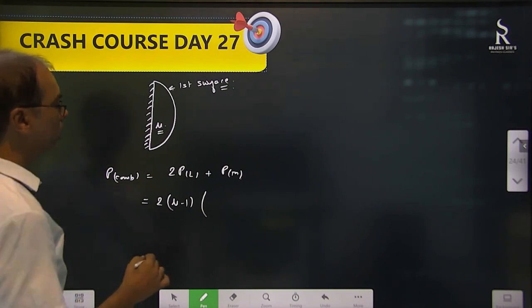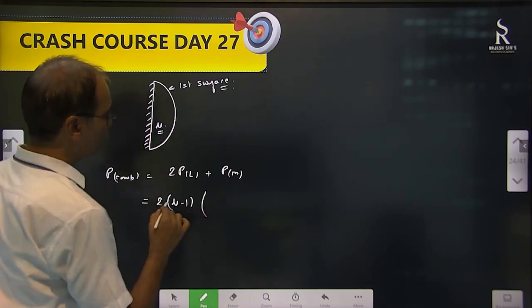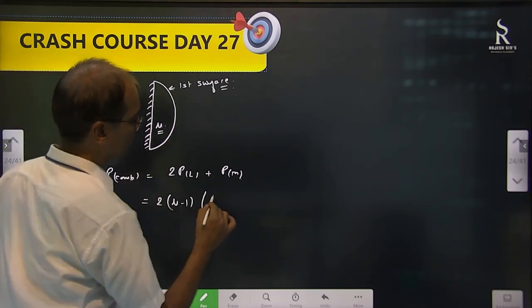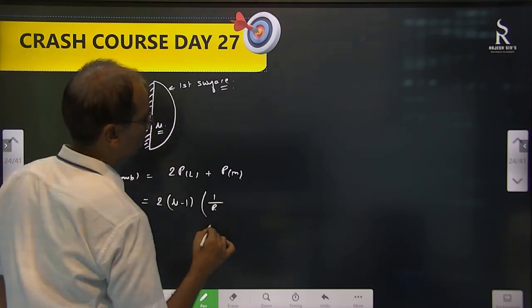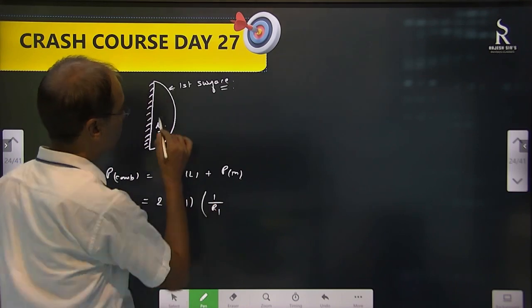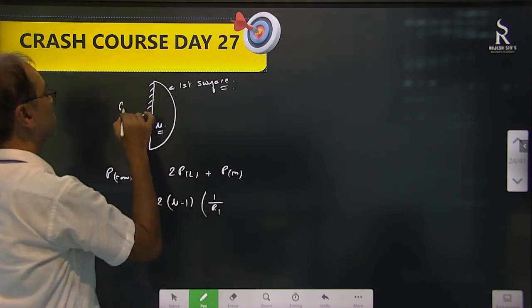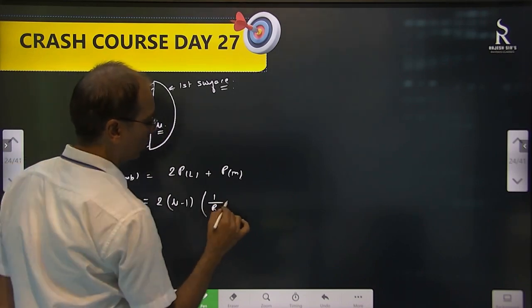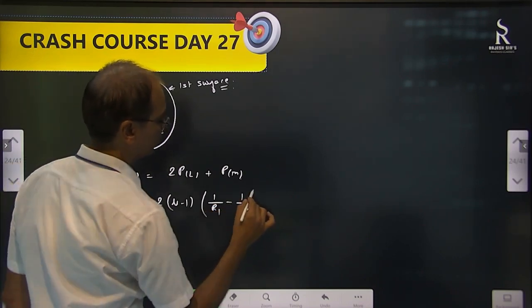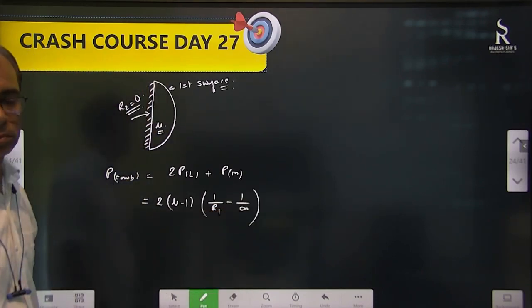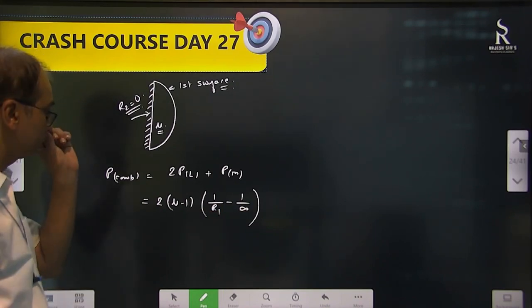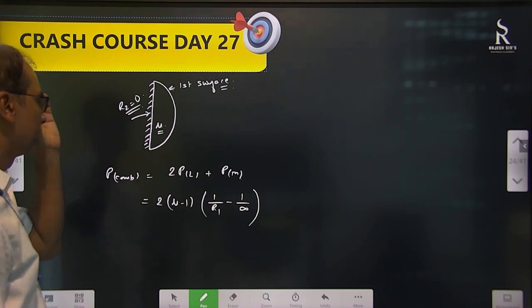Alright, so then what? 2 into mu minus 1 into 1 by r1 minus 1 by r2. R2 is infinite. It's a plane surface. Alright.